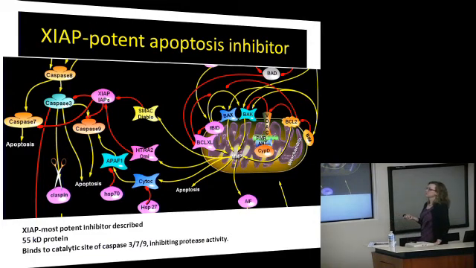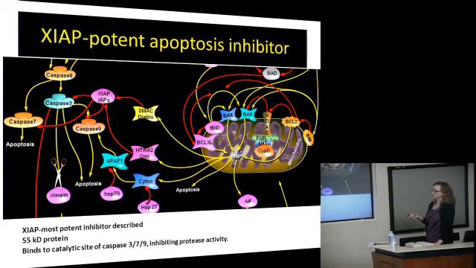And so one of the things that we were interested in was, what about these inhibitors of apoptosis? What happens to their levels, their fate in human cardiac tissue and human disease? And XIAP is the most potent inhibitor that's been described in the literature.